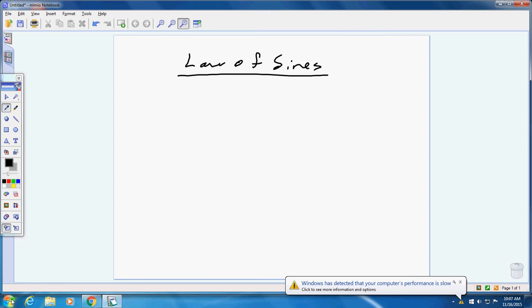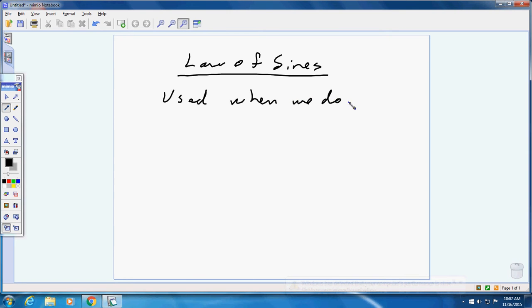But the law of sines can be used for an oblique triangle, so anything that's not a right triangle.